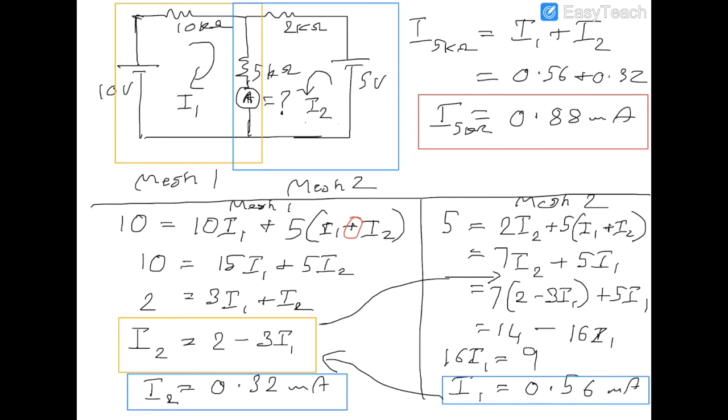So what is the implication of this? You got a current of 0.88 milliamperes flowing through the 5 kilo ohm resistor. So if you want to select a 5 kilo ohm resistor and you got a 5 kilo ohm resistor which has a current rating of 1 ampere, or a current rating of 1 milliampere, or a current rating of 5 milliamperes. Actually, no. Or 10 microamperes.